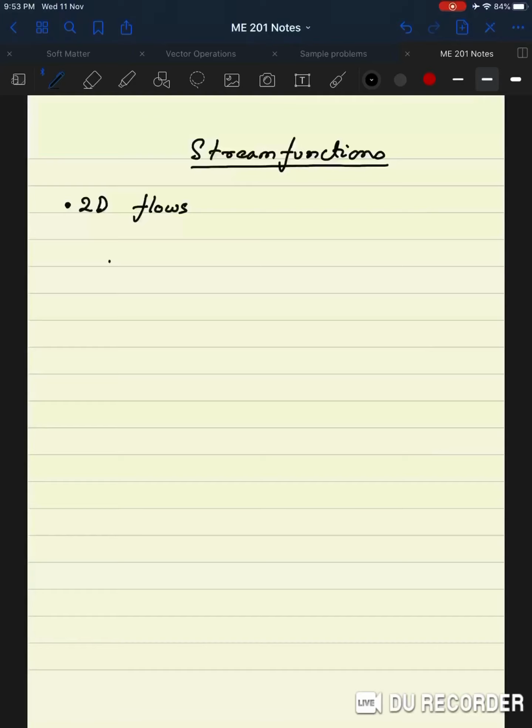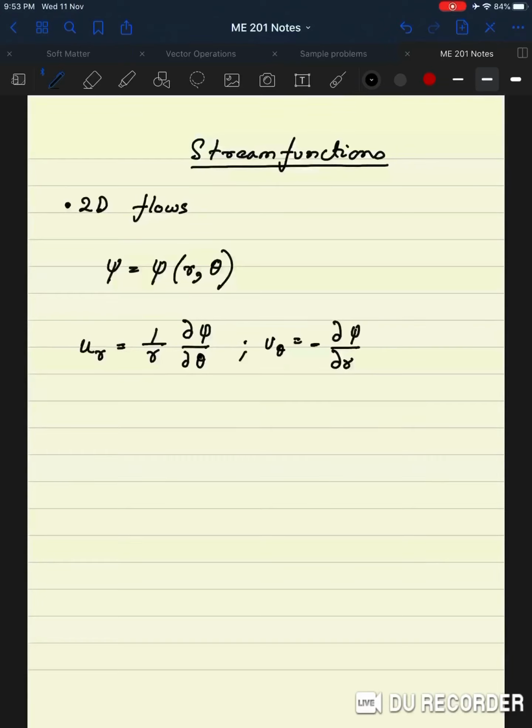So for example, if you have polar coordinates, then you will define the stream function in terms of r and theta. Okay, and then your ur will become 1 by r del psi del theta, and u theta will now become del psi by del r, and you have to put a minus sign so that all of them sum to 0.